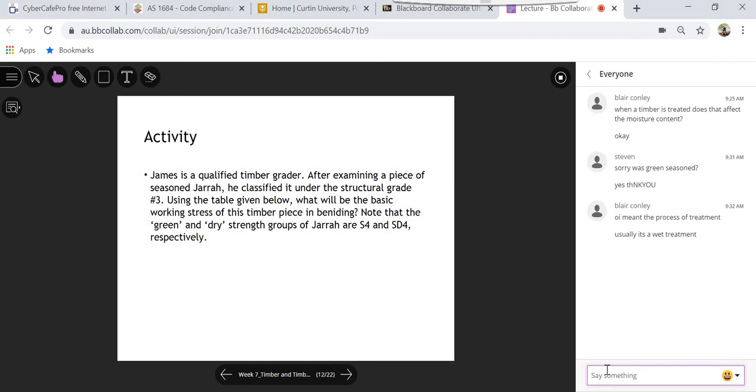After that, we can apply chemicals to reduce moisture absorption. I don't know whether I answered your question or not. Basically, to reduce the moisture content, we need to do air seasoning or kiln seasoning. All right.